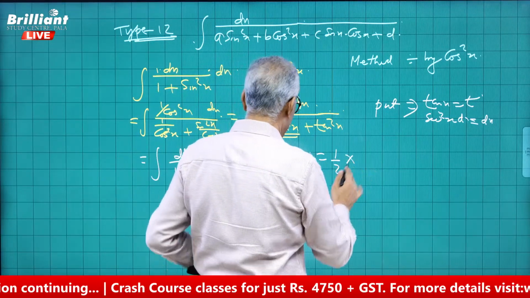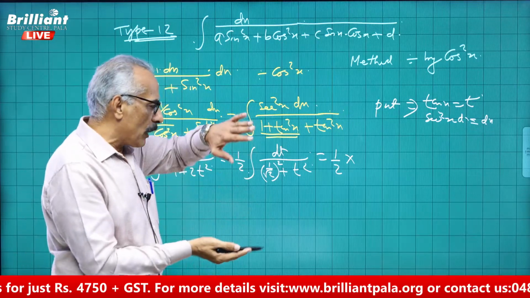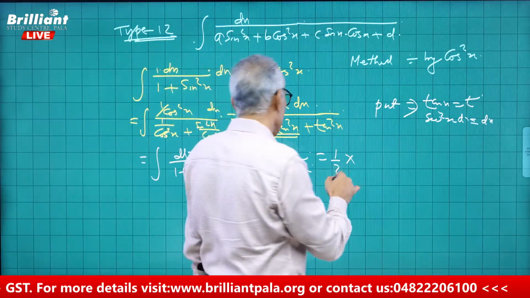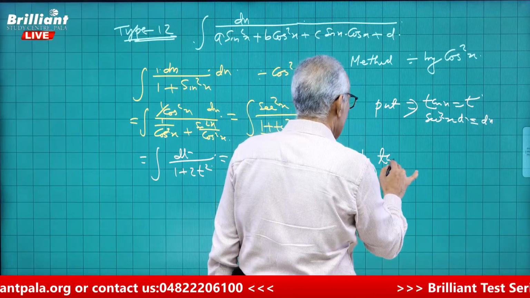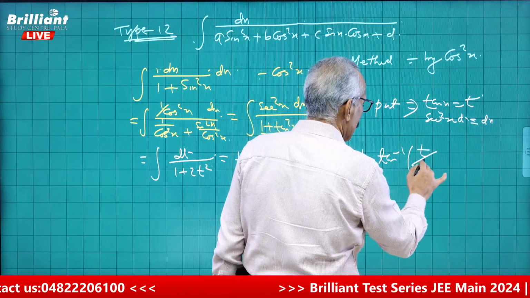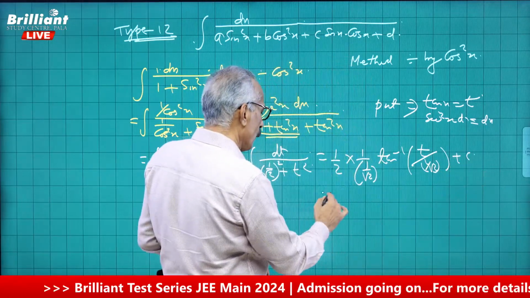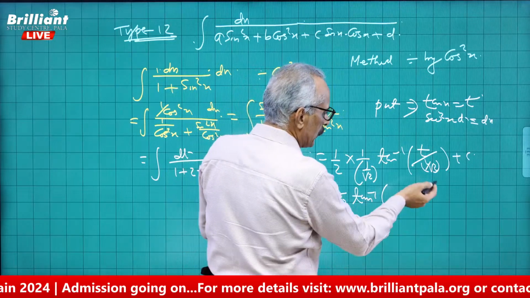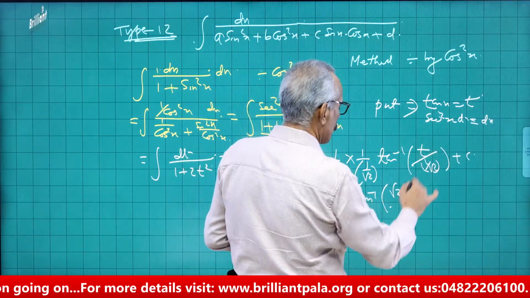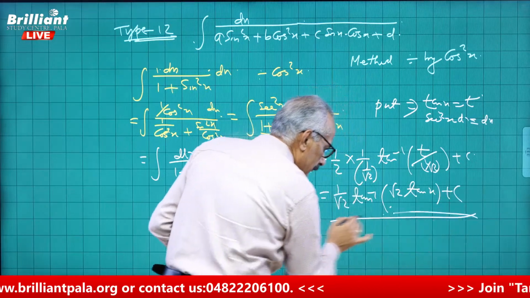So 1 by 2 into 1 upon a square plus x square, that is 1 by a tan inverse x by a. 1 by a means 1 by root 2. Tan inverse x by a, t divided by 1 by root 2, plus c. This root will go, you have 1 by root 2 tan inverse root 2 into t. What's your t? Root 2 tan x plus c. Final answer.